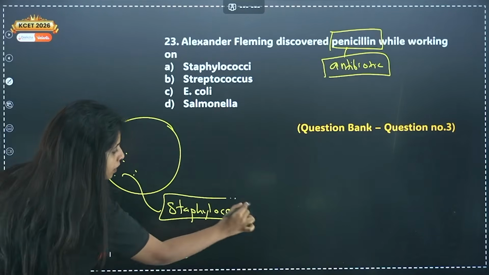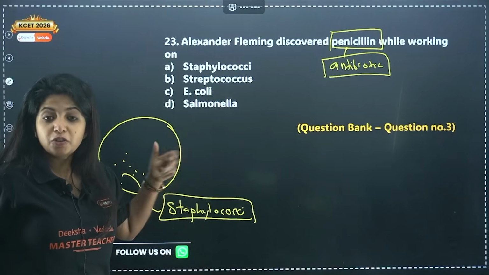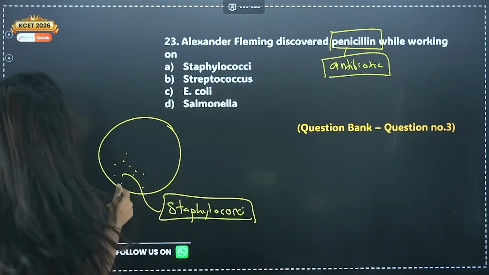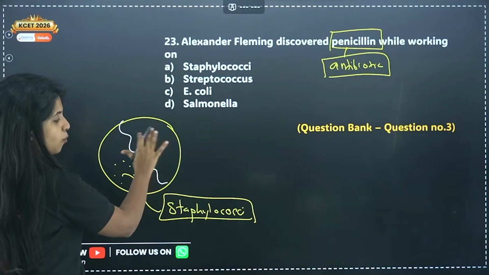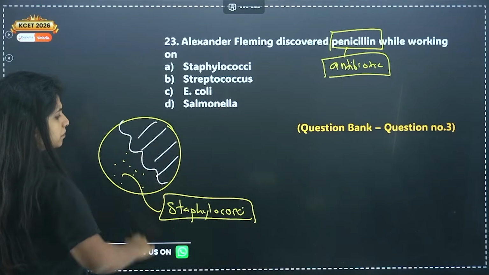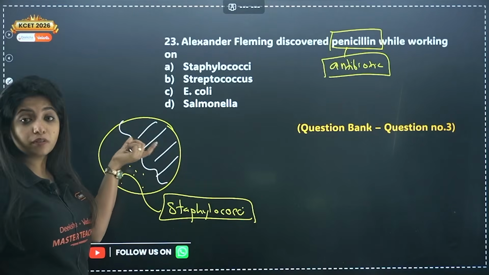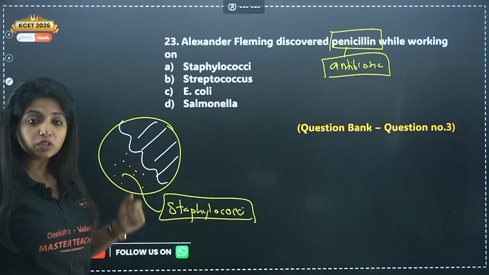One day he forgot to wash the dish and left. The next day he was worried, oh my God, the culture would have grown so much. But then he came to know that a fungus mold had developed over here. I was like, okay, mold is developed, so what? But because of the presence of this mold, the bacteria were not able to grow. That was kind of fascinating.